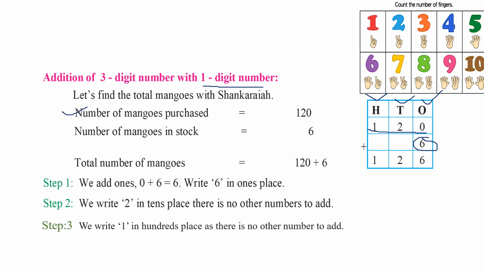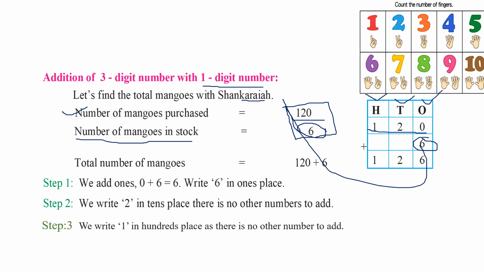So now, for example, Shankaraya, our hero, has purchased 120 mangoes. Let's find the total mangoes with Shankaraya. Earlier he already has a stock of 6 mangoes. So what is the total count he is carrying with him now? So simple.